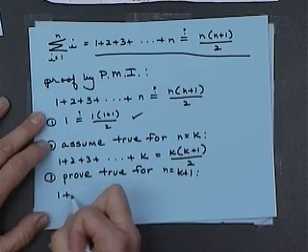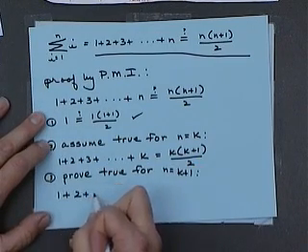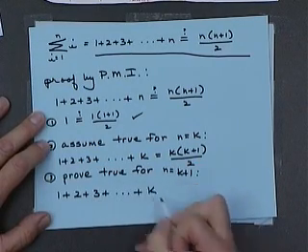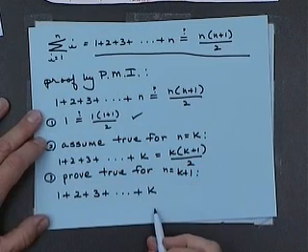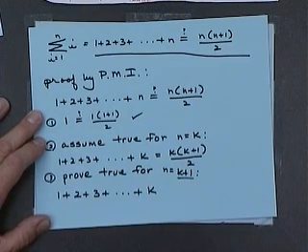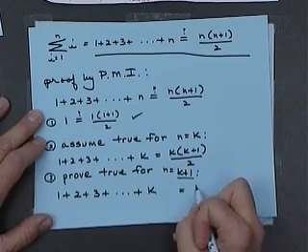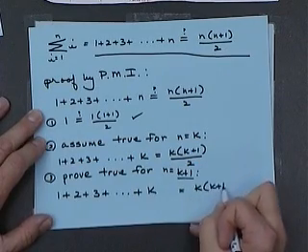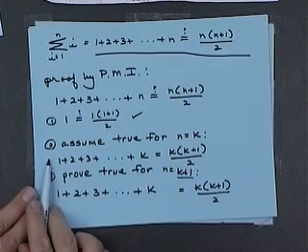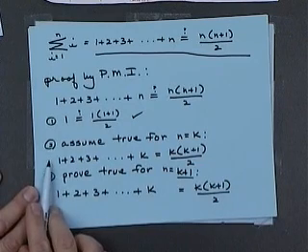Start with what we know to be true at this point. I'm going to leave some space because I'm going to add in the next value. I'm going to add in the k plus first term. Is that a true statement, what I've written so far? Yes. We assume that to be true in the second step.